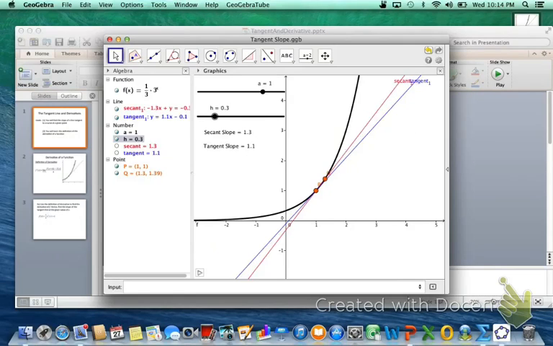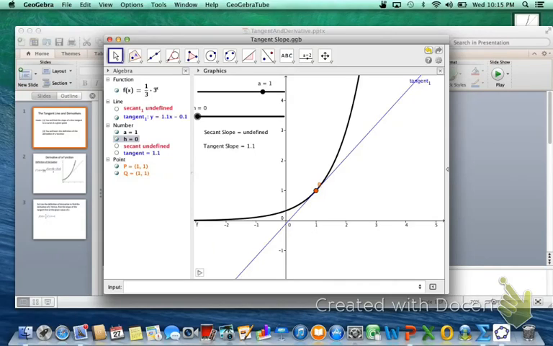Now, what am I talking about then? If I approach point P from the right side, the slope of the secant line becomes the slope of the tangent line. What I'm saying is if I take the limit of that slope as h approaches 0, that distance between the 2 points P and Q, that gives me the slope of the tangent line eventually.